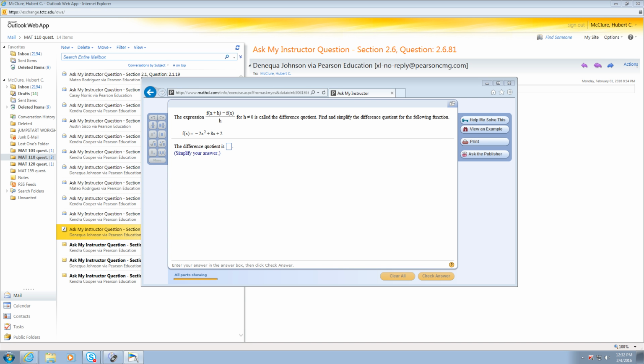Negative 2x squared minus 4xh, there it is, minus 2h squared. I need somebody to check this because I skipped like 3 steps. Somebody check that right quick. Okay. Plus 8x plus 8h plus 2 plus 2x squared minus 8x.